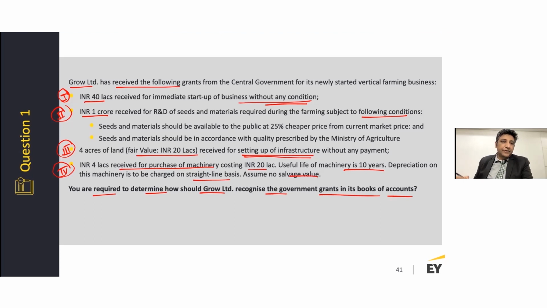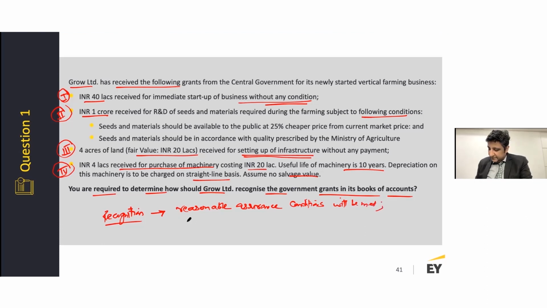Now, if you recollect the concept of recognition, right? What does recognition tell you? Recognition principle says that there is a reasonable assurance that the conditions related to the grant will be met, right?